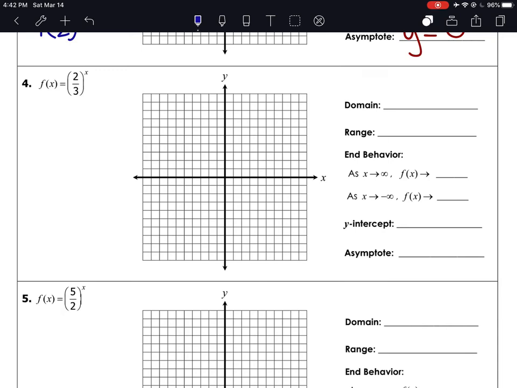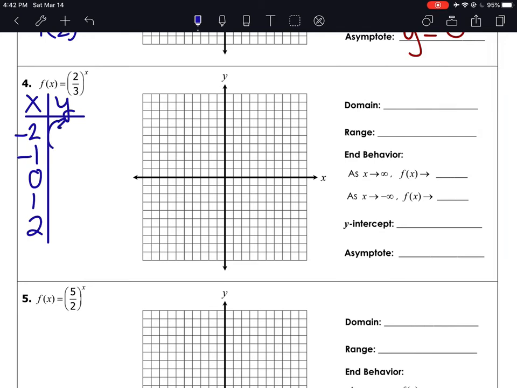To graph number 4, you can kind of tell that there's some kind of pattern going on. 2/3 is less than 1. So just like the previous question we did, it is not exponential growth, but rather exponential decay. To prove this, I'm going to plug in the same numbers.